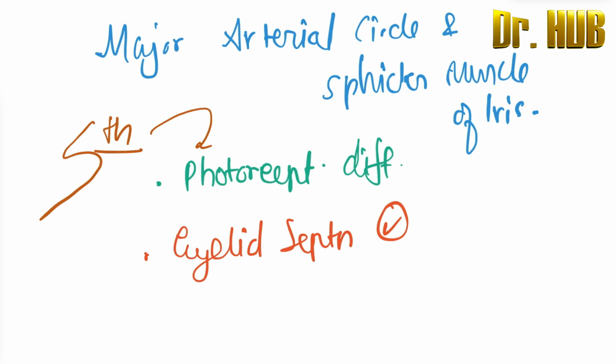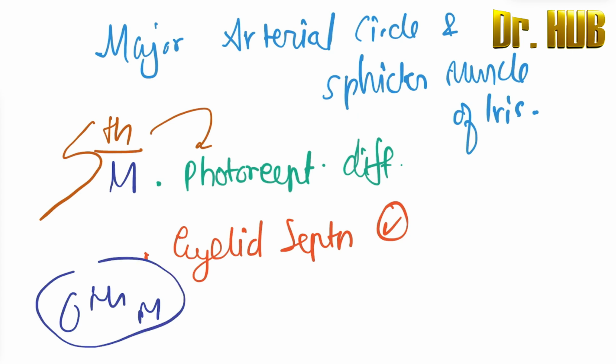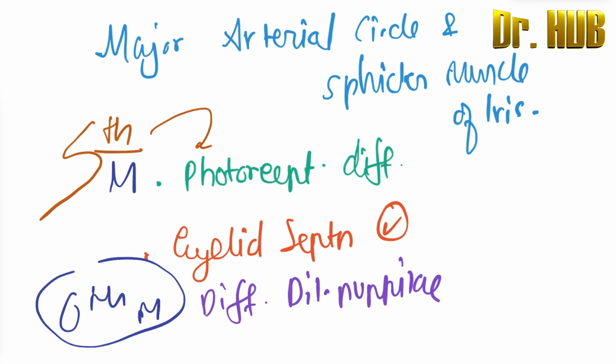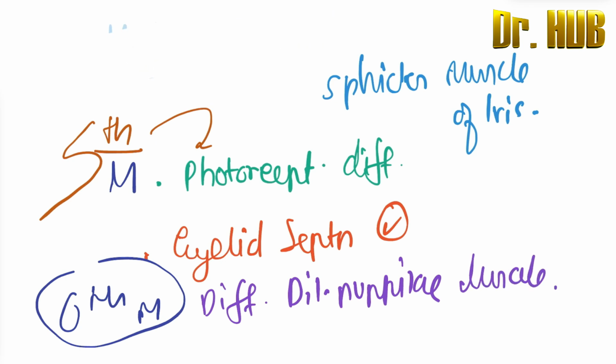Then we move on to the 6th month. Here in the 6th month there is a differentiation of the dilator pupillae muscle. What are the other features of the 6th month?